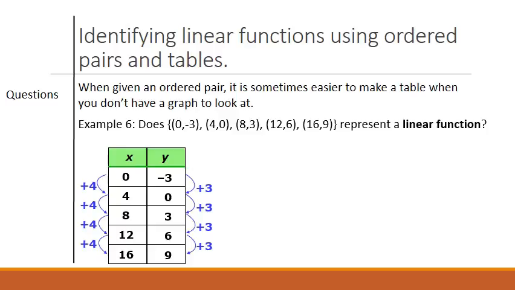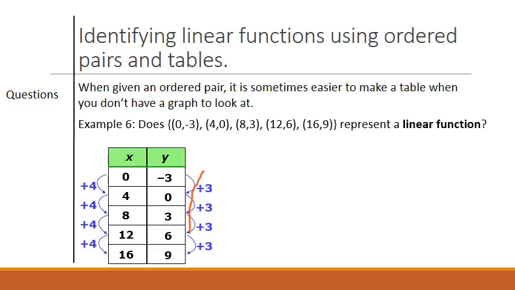If you notice here, from 0 to 4, we added 4, 4 to 8, we added 4, 8 to 12, 12 to 16, and we have a constant change all the way through. What I mean by constants, as you look at the positive 4, this whole side has the same number, 4, adding 4.